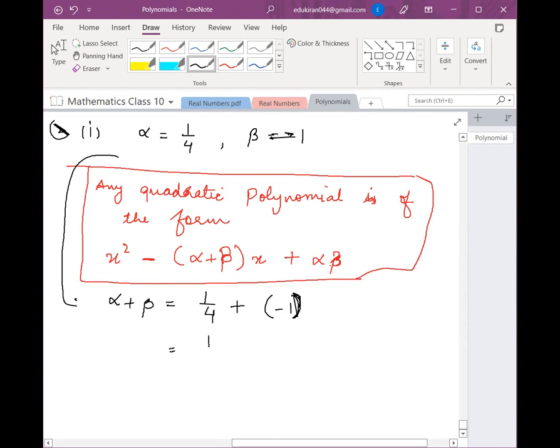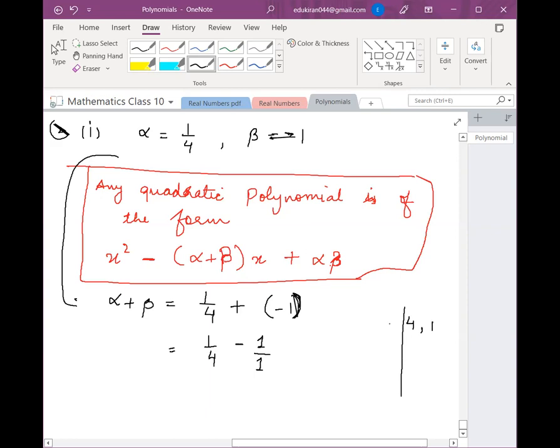Let us revise quickly. 1 upon 4. First let us open the bracket, so plus minus will become minus. So you have 1 here. Now you don't have anything in the denominator, so put a 1 here. Now take the LCM of 4 and 1. You can note these things down in your copy in case you forgot.